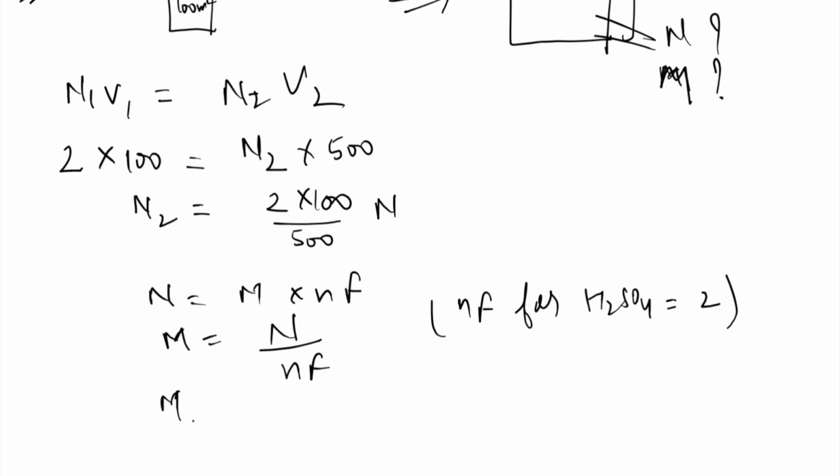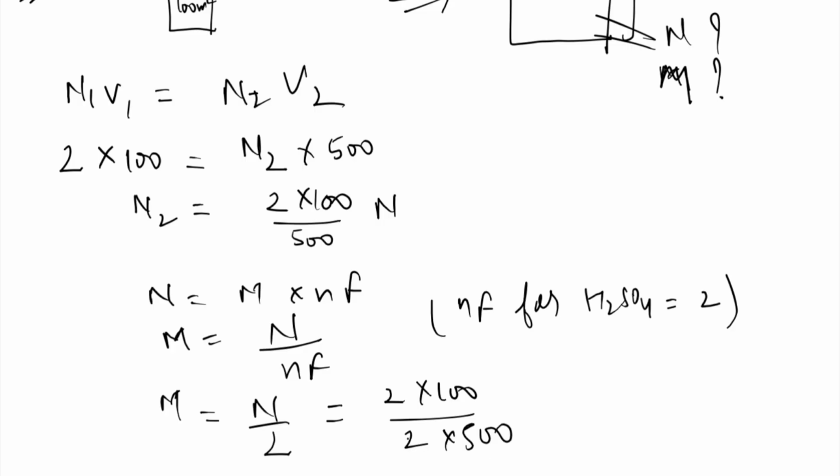So molarity would be normality divided by 2. The normality we have already calculated: 2 multiplied by 100 divided by 500, divided by 2. So this will be 0.2 molar. This is the new molarity of the solution.